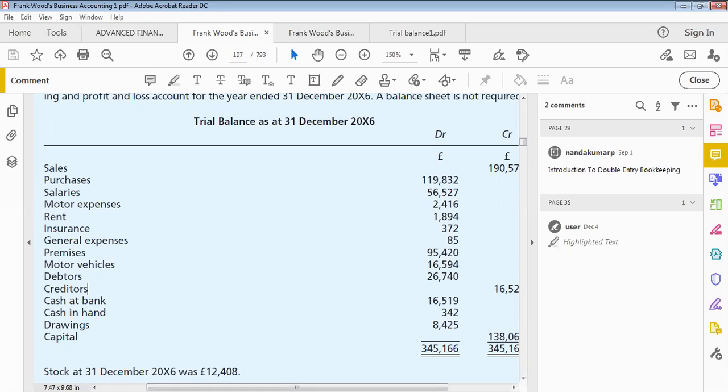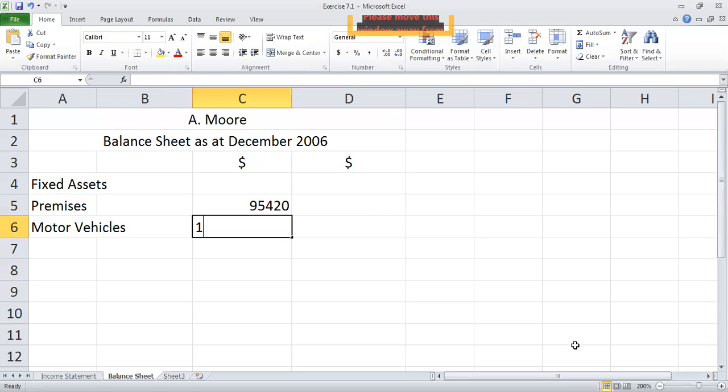And you put in motor vehicles as well, which is 16,594.